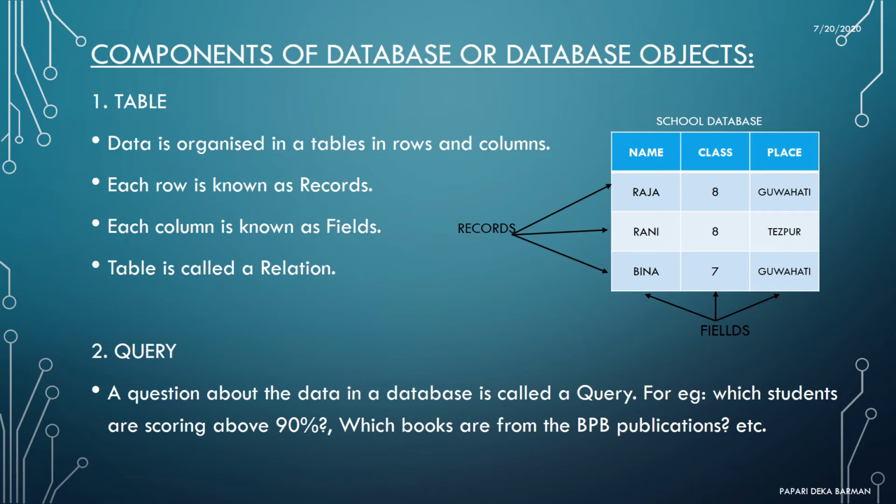Rani 8 Tezpur, this is another row, so this is also one record. Bina 7 Guwahati, this is the third record. So there are 3 records in this database, and columns are known as fields. So how many fields are here? 3 fields are here: name field, class field, and place field.